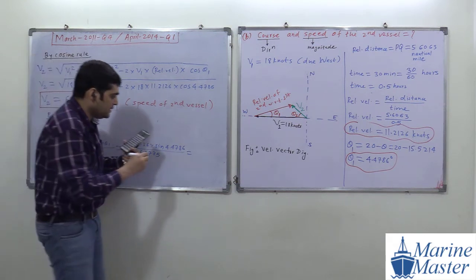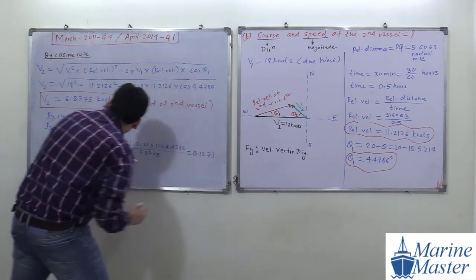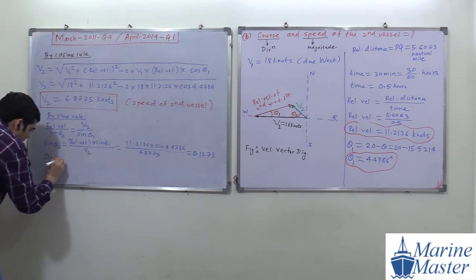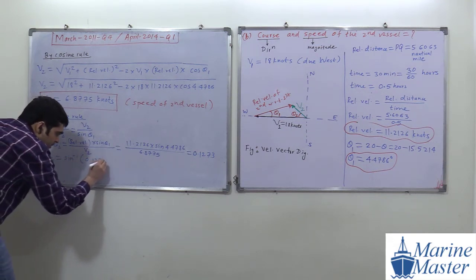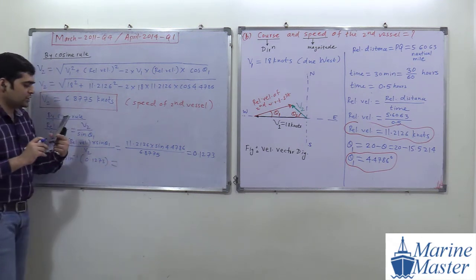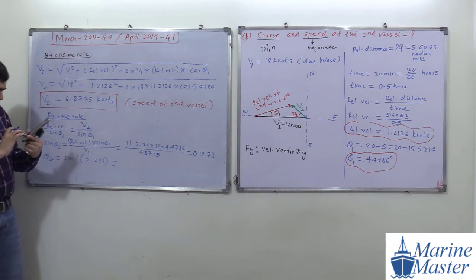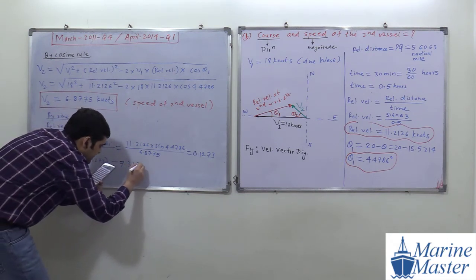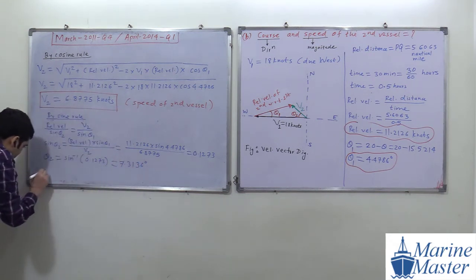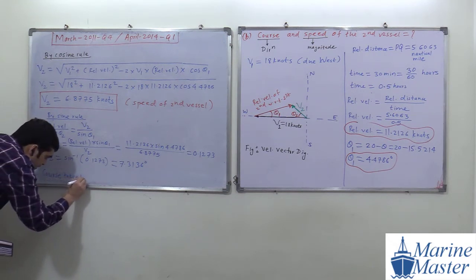How much value are we getting? 0.1273. So θ2 will be equal to sine inverse of 0.1273. Everyone please do the calculation and tell me the value of sine inverse. It is 7.3136 degrees.